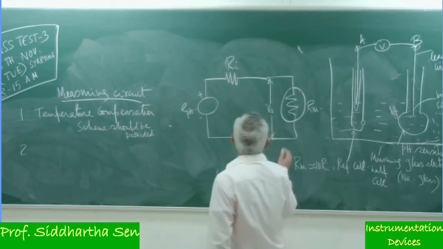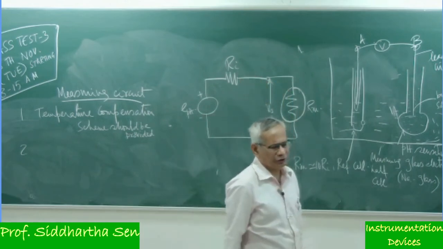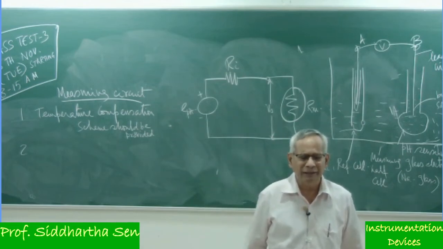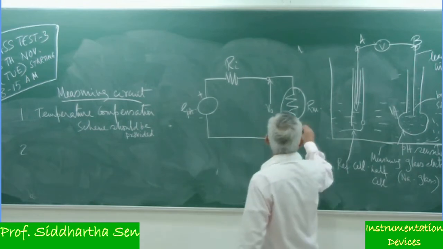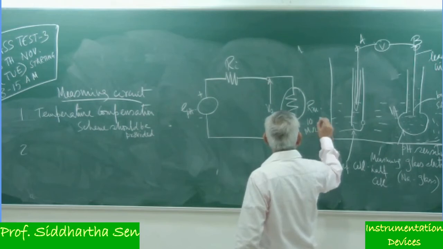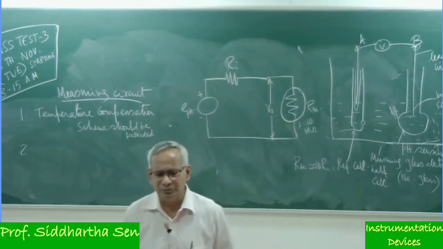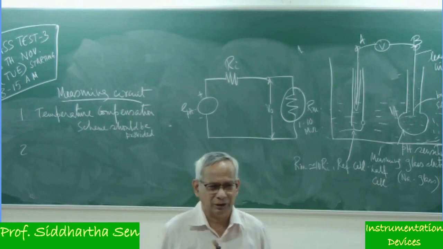For a digital or electronic voltmeter, what is the resistance Rm? I can take it 1 to 10 mega ohm, anything between, because it depends upon the quality of the meter you want to use. It could be 1 mega ohm if it is low quality, or it could be 10 mega ohm.